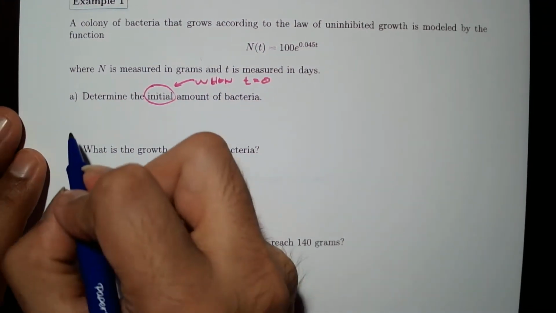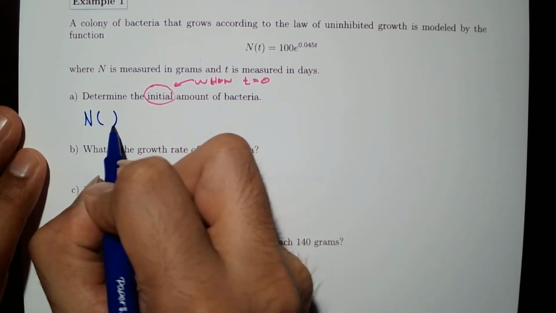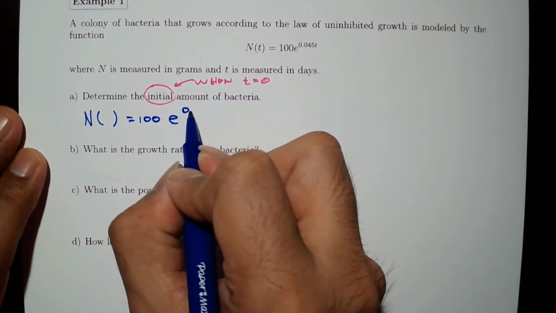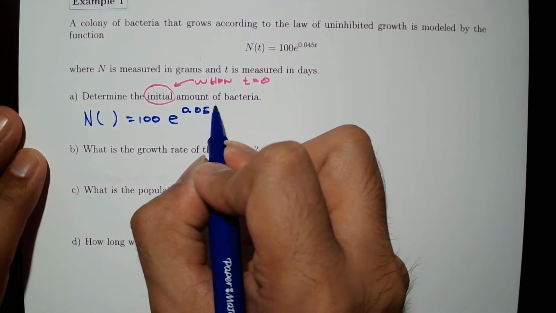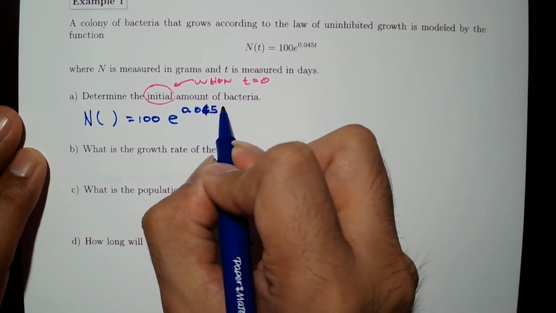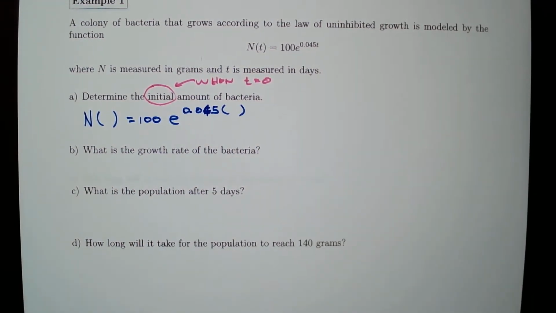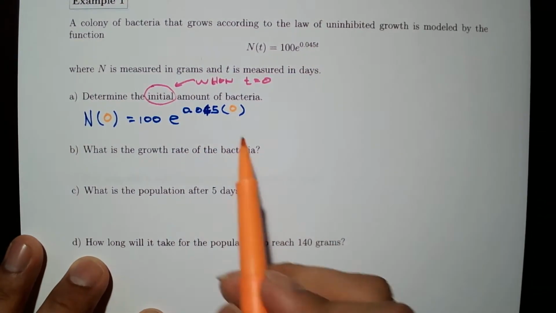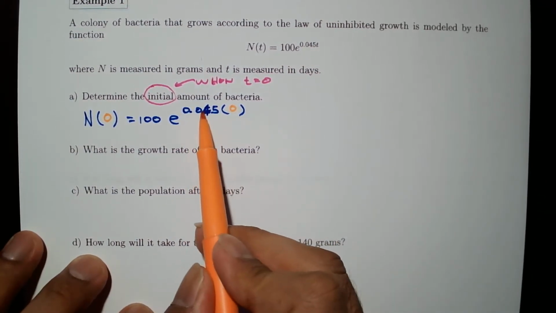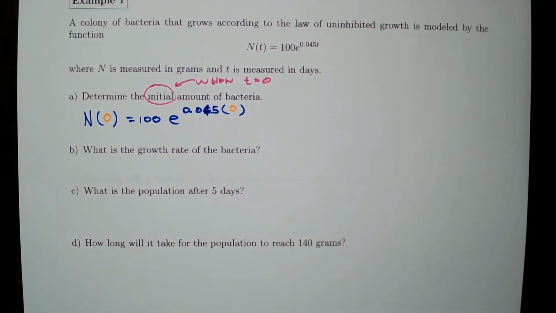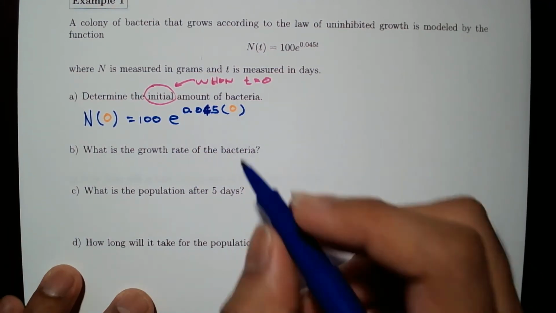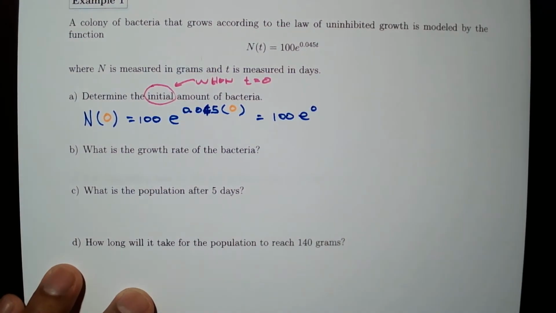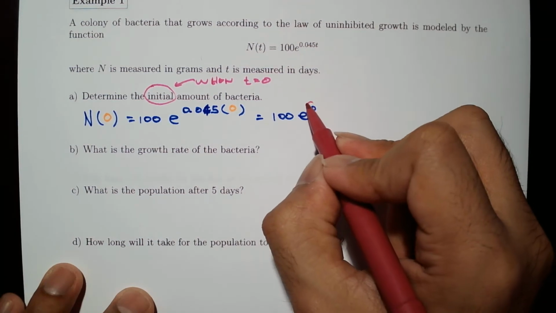So I'm going to evaluate N of 0 equals 100 e to the 0.045 times 0. 0.045 times 0 is 0, so I'm going to have 100 e to the 0.